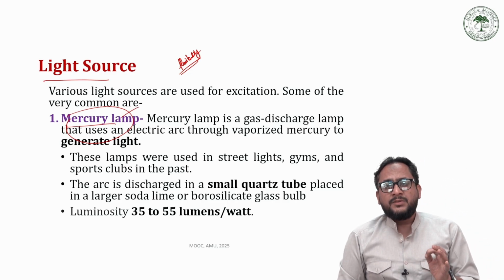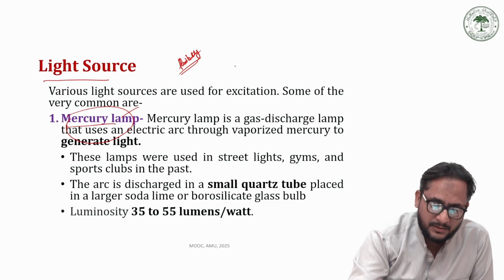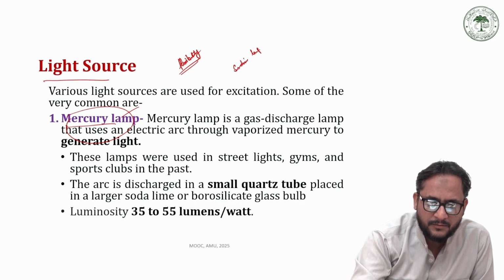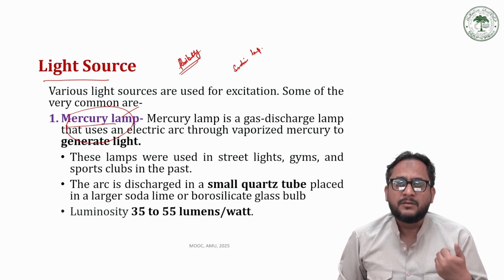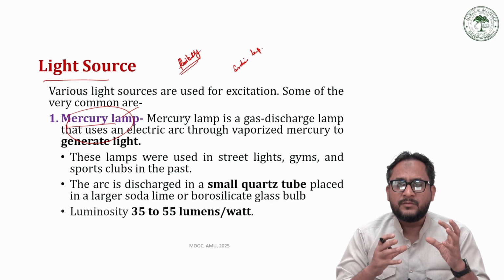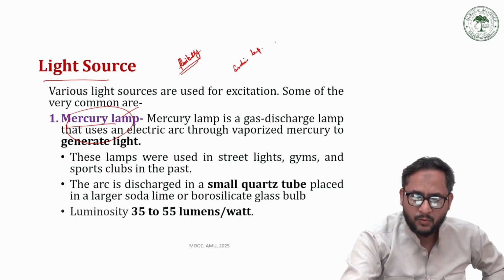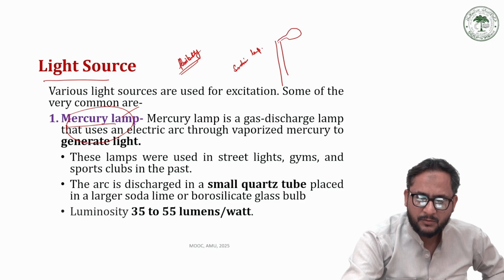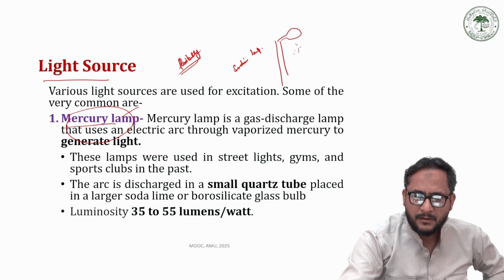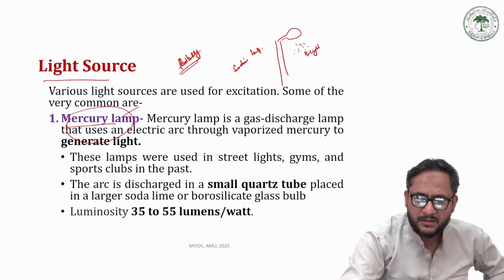These mercury lamps work like our sodium lamps, which you might have seen on streets a few years back, or even a decade back, where lamps were placed on poles along the streets. These lamps are of a particular shape and generate bright yellow light.